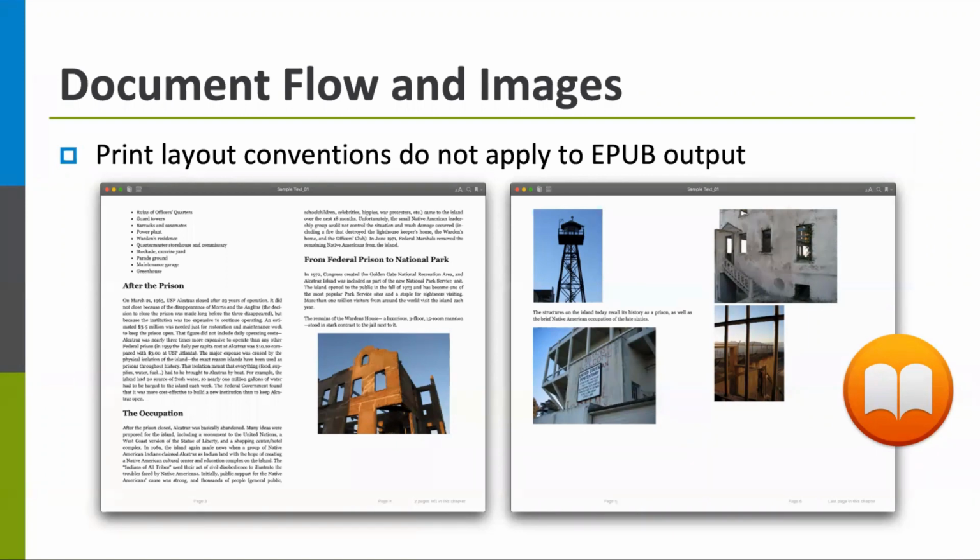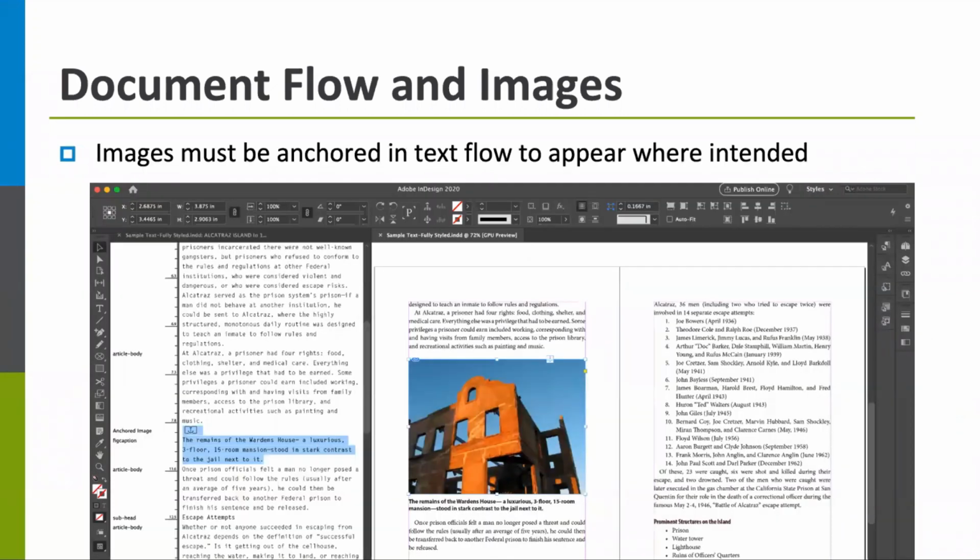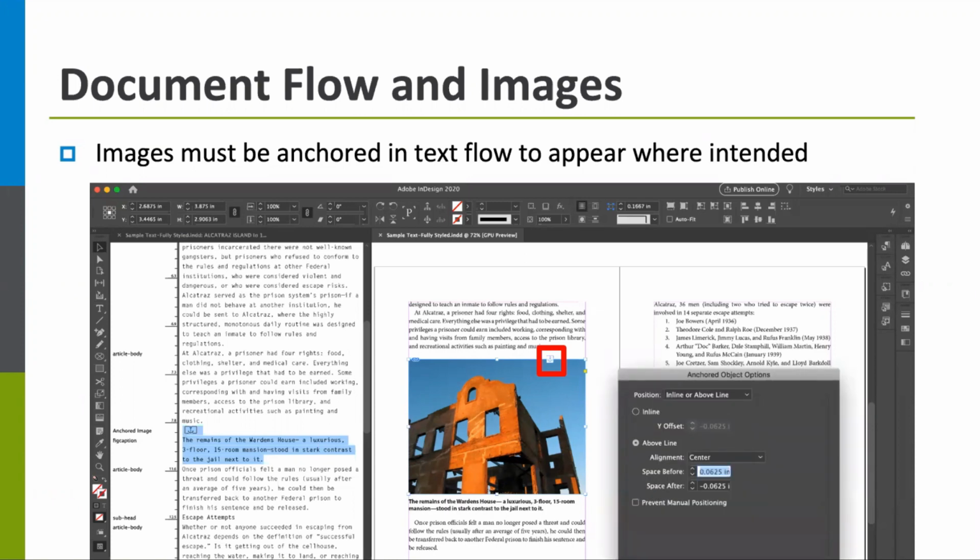Here you see an example of one of those images in a specific location as an anchored object. You can see the little anchored object adornment there on the top of the image frame. And its anchored object dialog shows the settings used to position this appropriately.